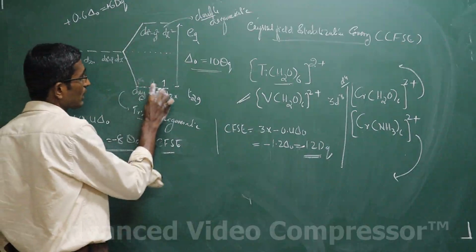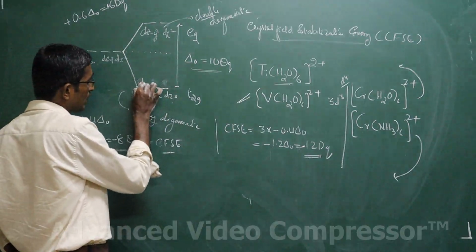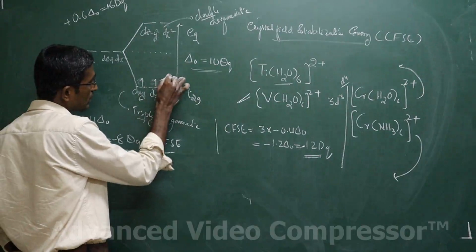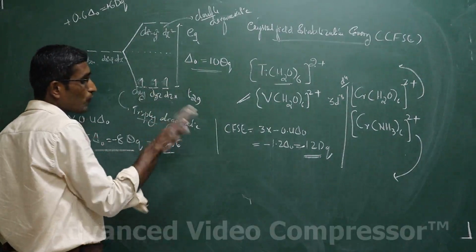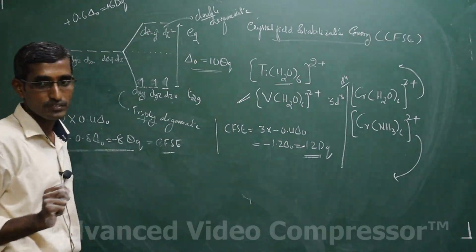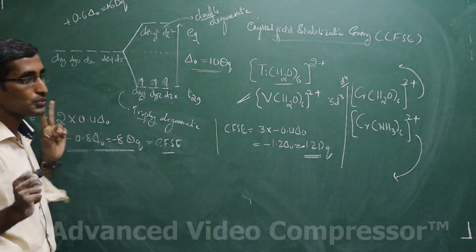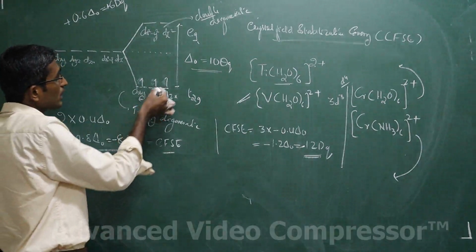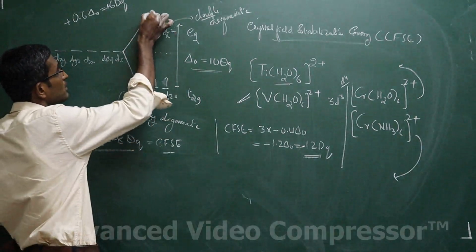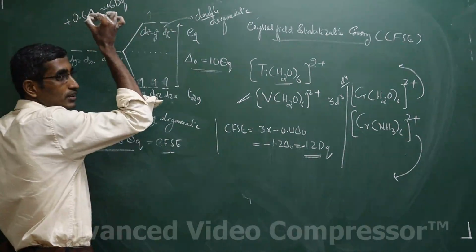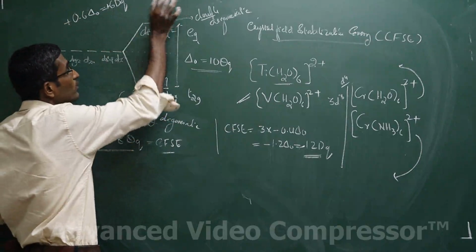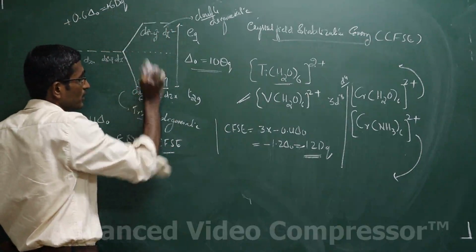One electron you fill here, second one here, third one here, and where to fill the fourth one is the question. You have 2 options. One is, the 4th electron can be kept here, or the 4th electron can be paired here.